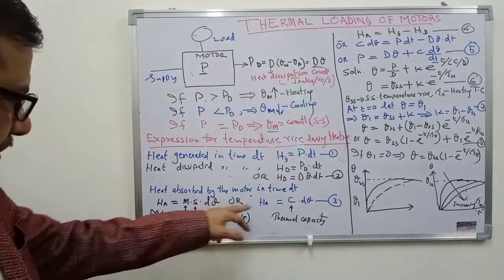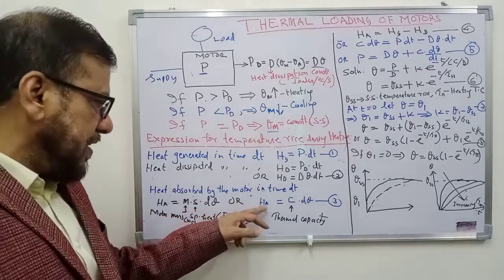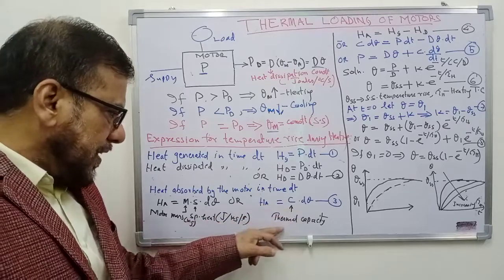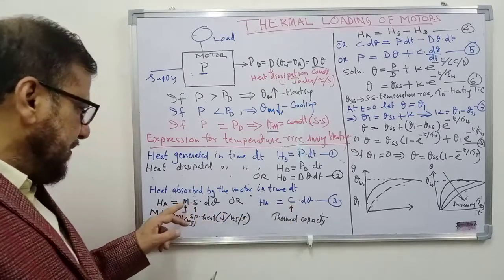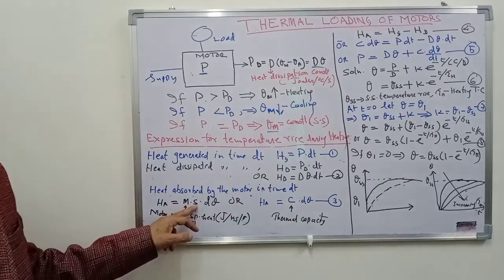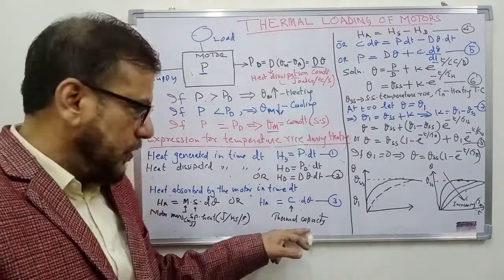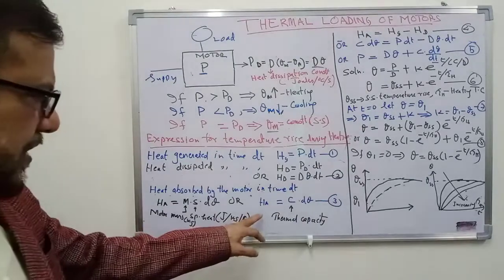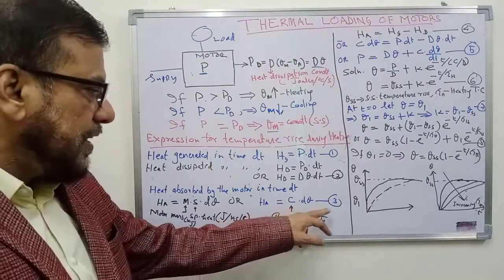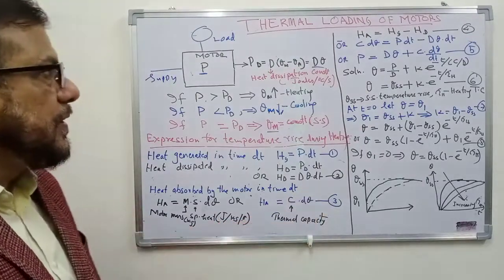So you can write Ha is equal to C into d theta. C is another constant, which is mass multiplied by specific heat, and this is nothing but the thermal capacity of the motor. So Ha is equal to C into d theta, our equation number 3.